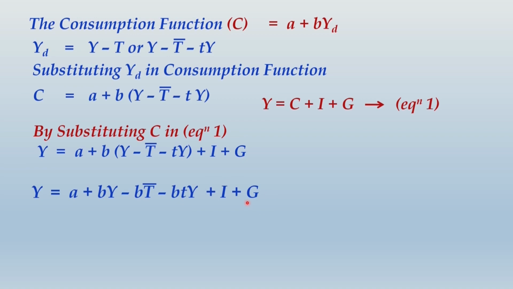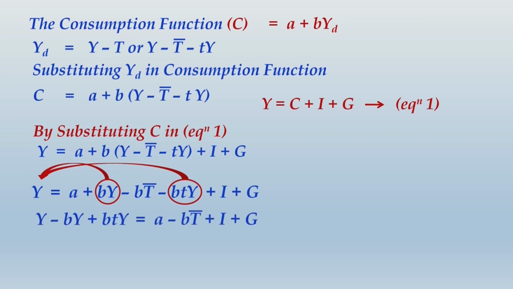Now terms with Y on the right hand side, that is BY and minus BtY, both of these terms will be shifted to the left hand side. So the term with a plus sign will become minus, the term with the minus sign will become plus. So we get Y minus BY plus BtY equals A minus B T bar plus I plus G.